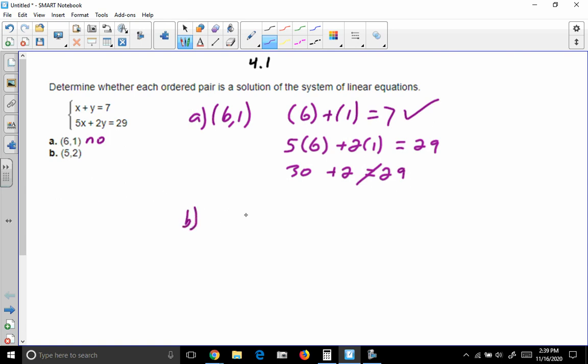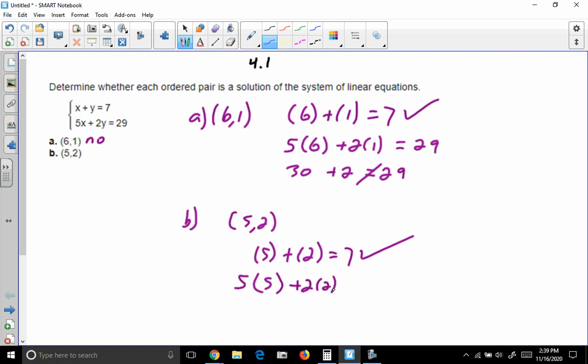So let's check the second one, (5, 2). If we take the first equation, replace x with 5 and y with 2, 5 plus 2 is 7, so that point works for the first equation. Now let's check the second one. We're going to replace x with 5 and y with 2. 5 times 5 is 25. 2 times 2 is 4, and that does work also.